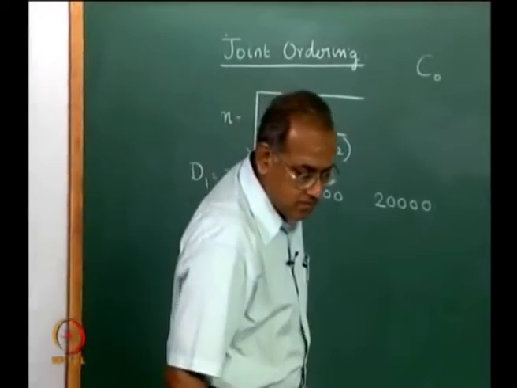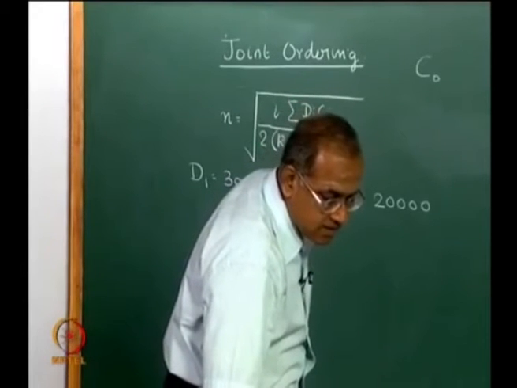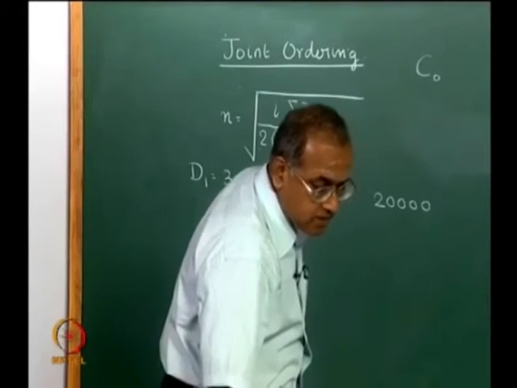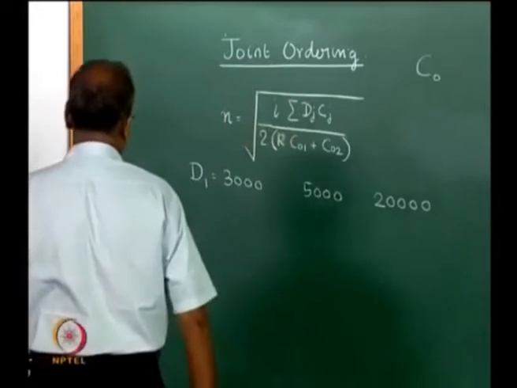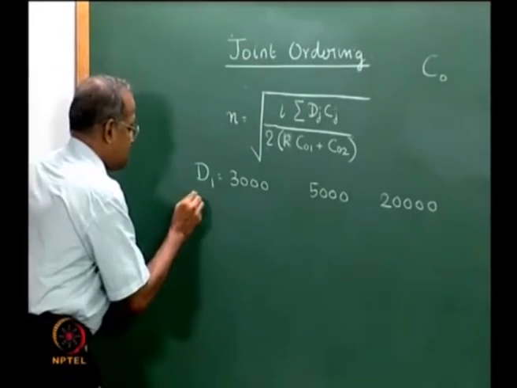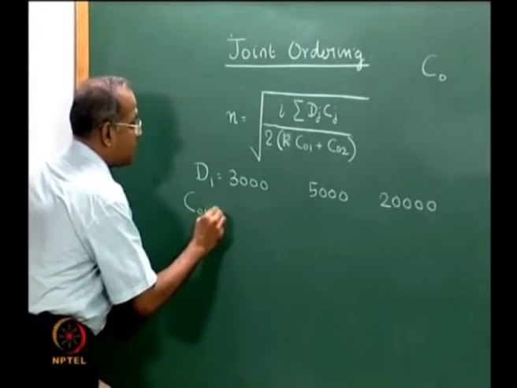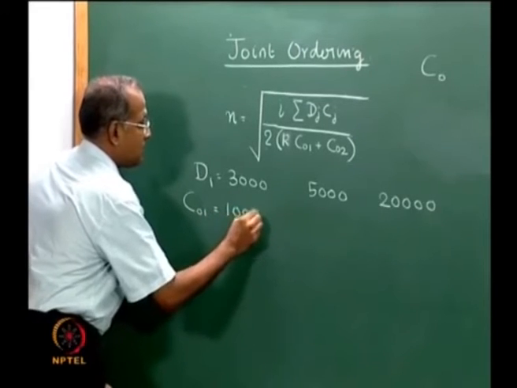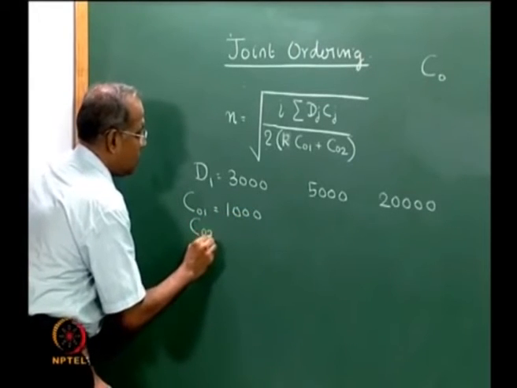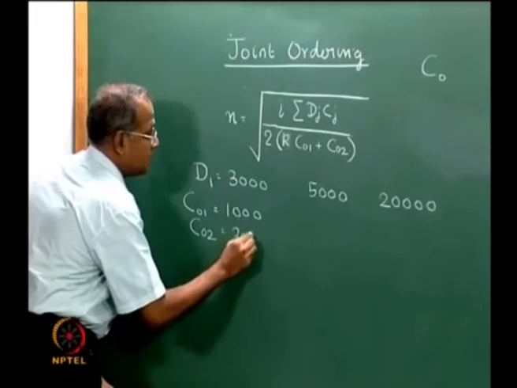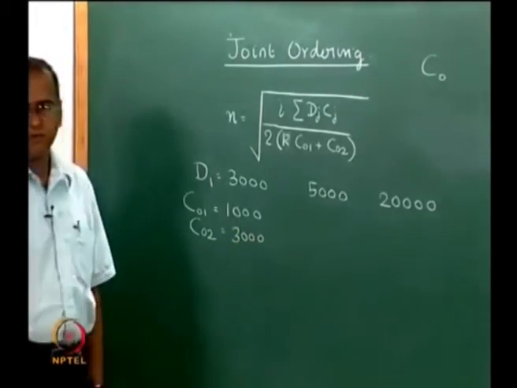We have the truck cost as 3000 and admin cost as 1000. So, C01, which is the admin cost, is 1000 and C02, which is the truck cost, is 3000.